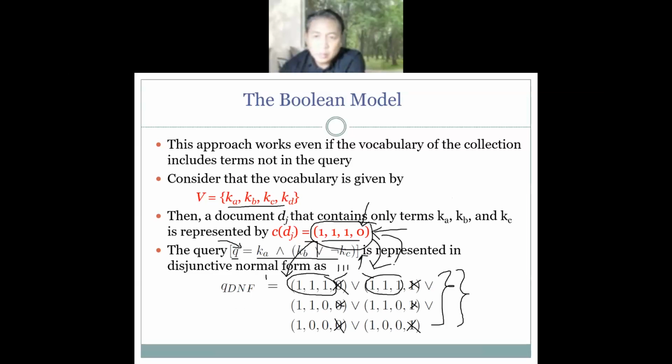And this one, the similarity is 0. The rest is 0. Only this one matches.